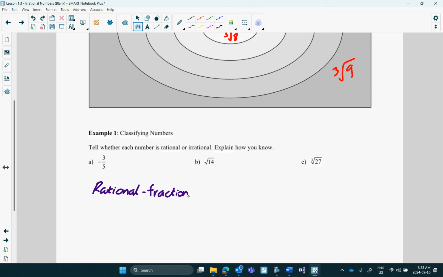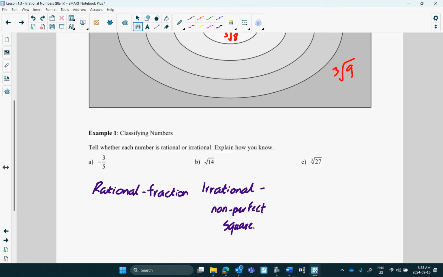This one, root 14. Irrational. And really the explanation we could say is non-perfect square, which means it's going to give us a decimal that never ends or never repeats.